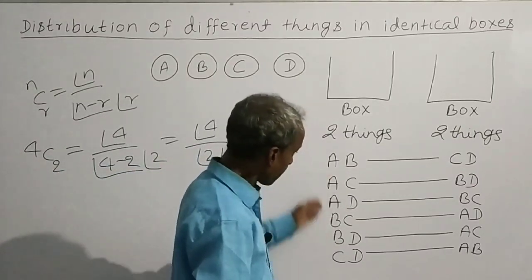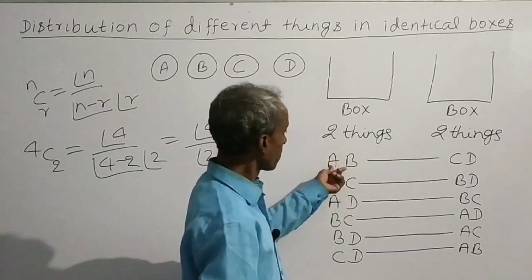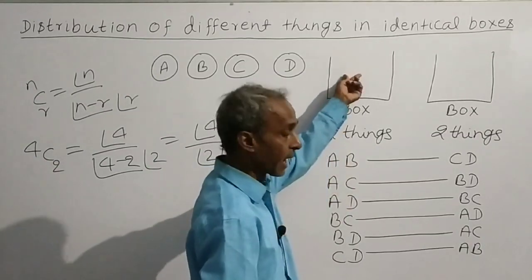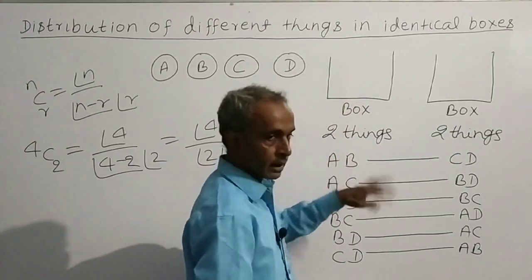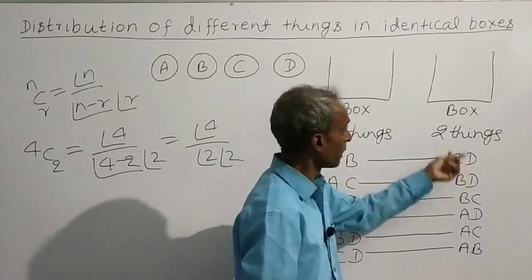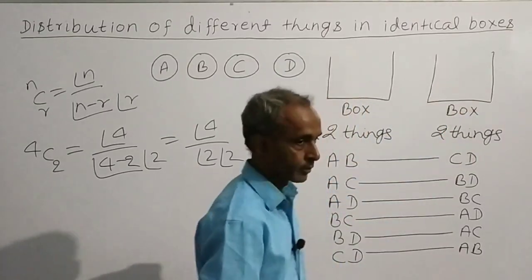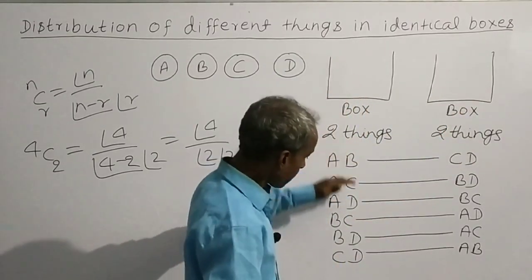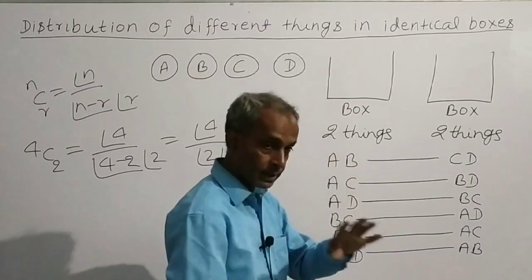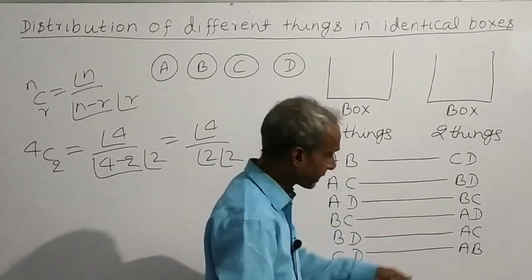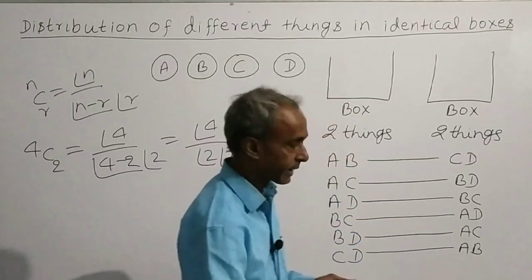These are 6 combinations. When we put AB inside this box, the remaining CD will automatically go inside this box. In this way there are 6 ways, but there is some mistake in this calculation.